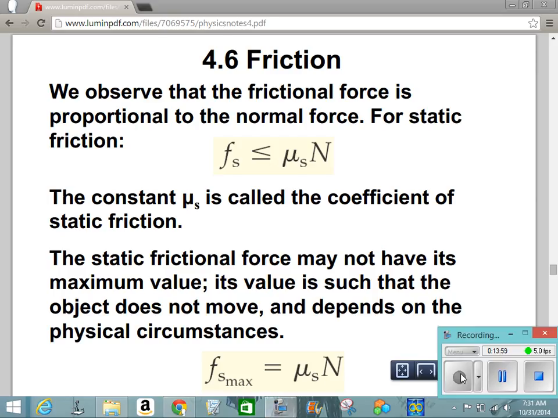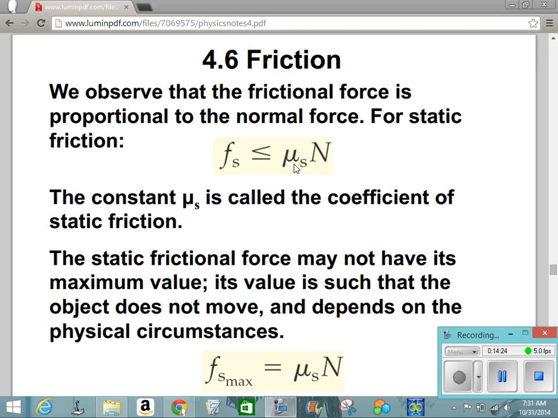So we observe that a frictional force is proportional to the normal force for static friction. This constant, I think, is mu sub s. Yeah, I think that's mu sub s.